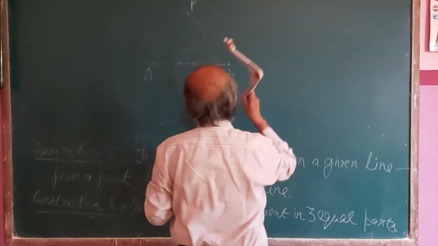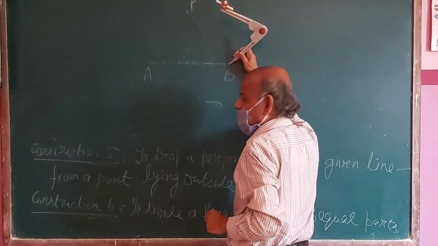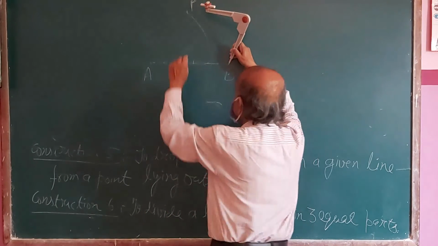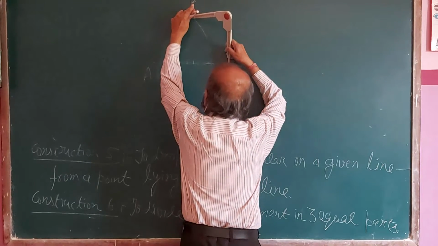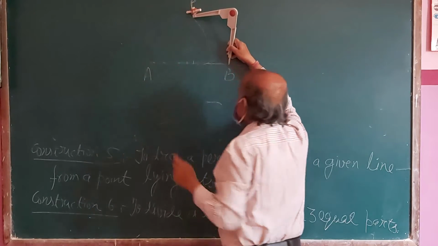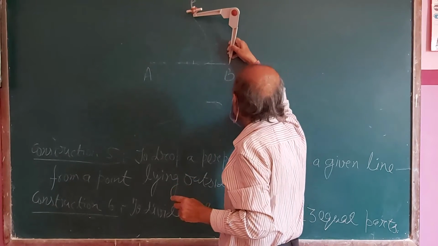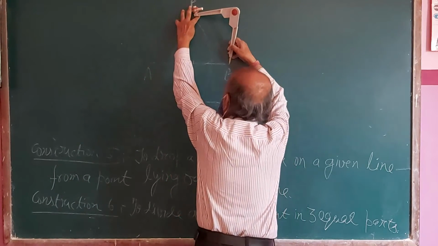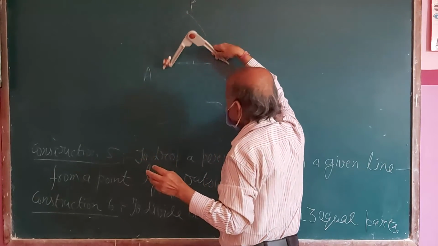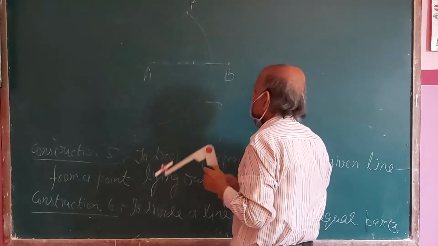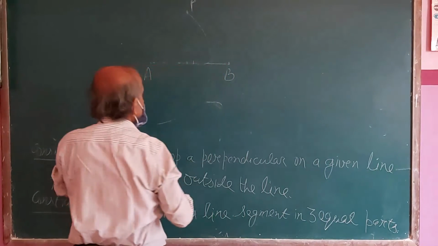Now, you put your steel end at B and again touch P and draw an arc. Again it will follow this bottom and join this.